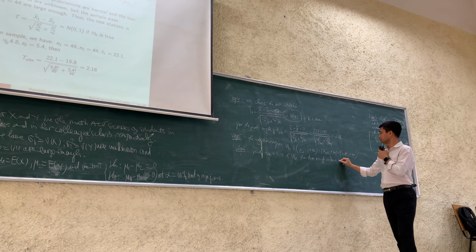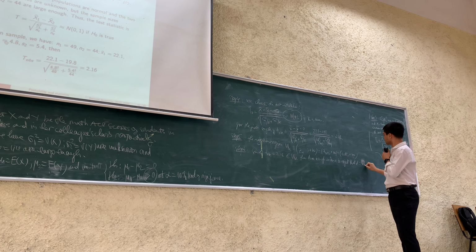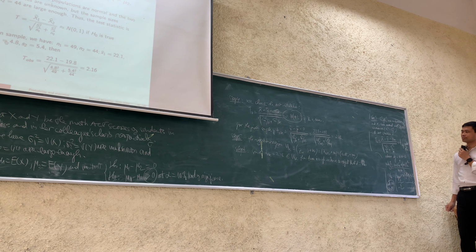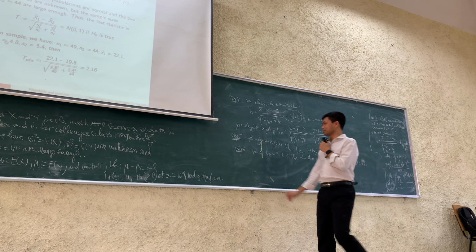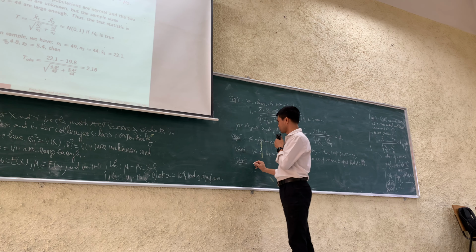enough evidence to reject H0 at alpha equal to 10%. So what is the conclusion? The last step, make a conclusion.